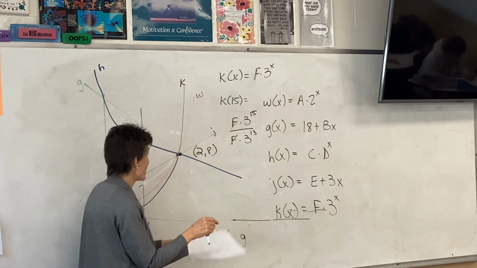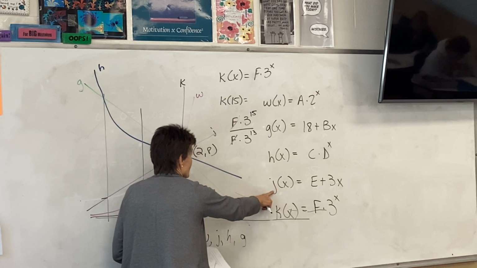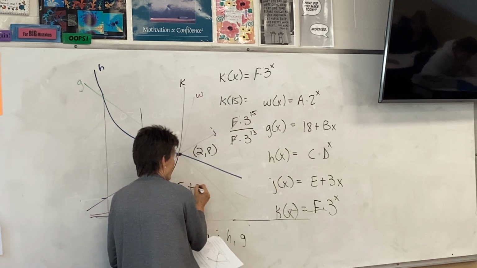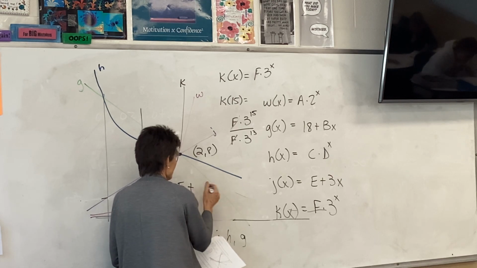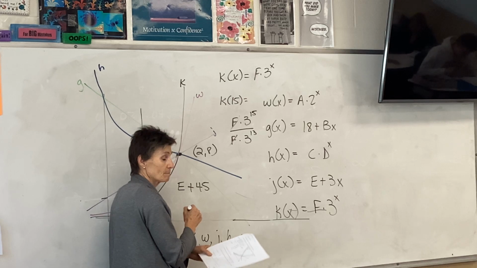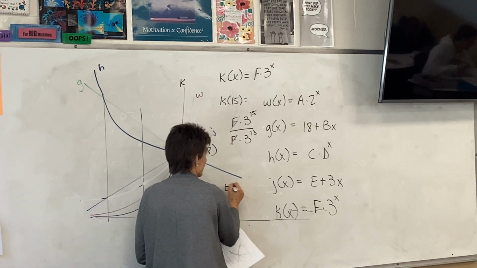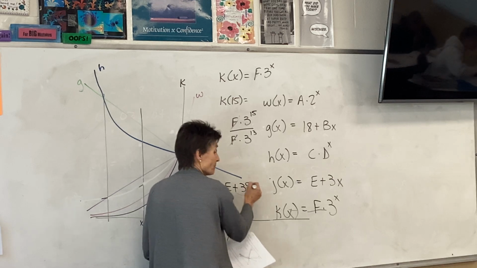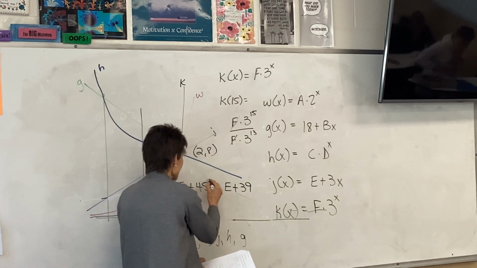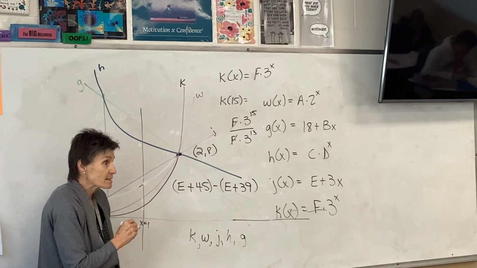All right, J of 15. J of 15 will be E plus 45, and J of 13 would be E plus 39. And I'm subtracting them. What's going to happen to those E's?